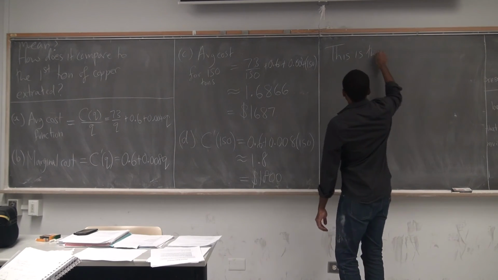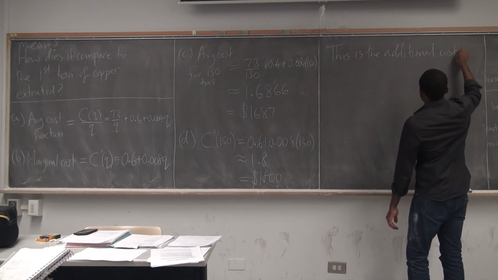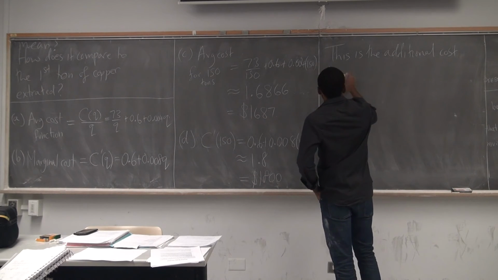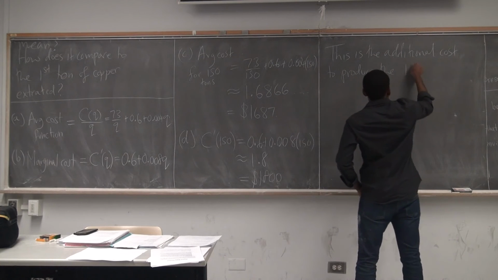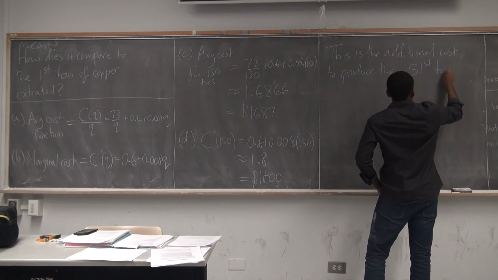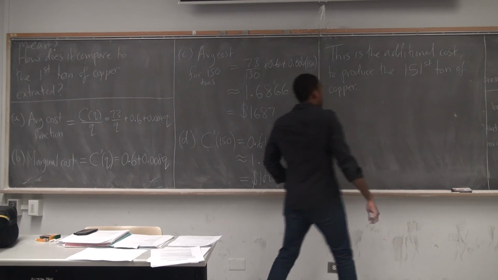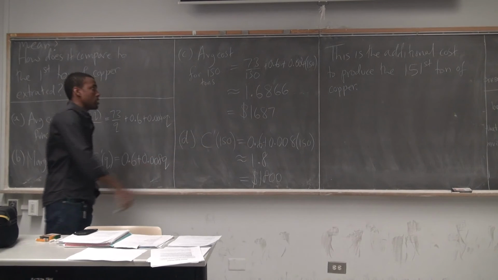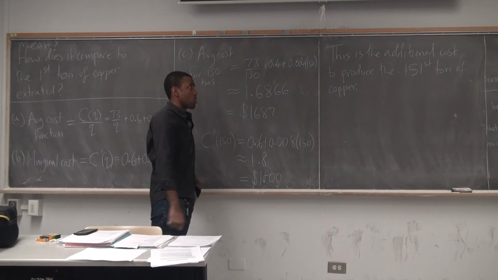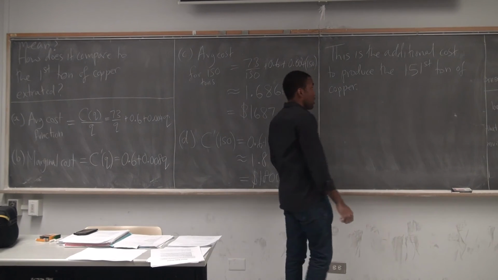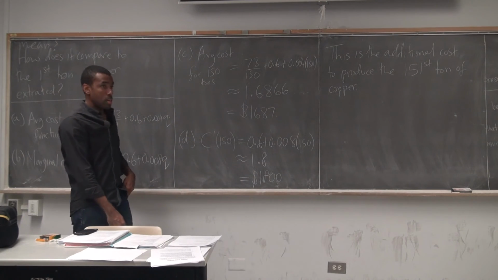This is the additional cost to produce one more unit, the 151st ton. So if I produce 150 tons of copper, then to produce one more, 151 tons, it will cost me an extra $1,800 to do that.